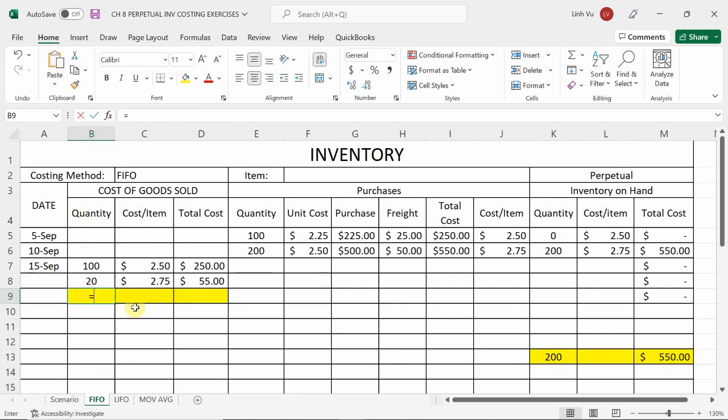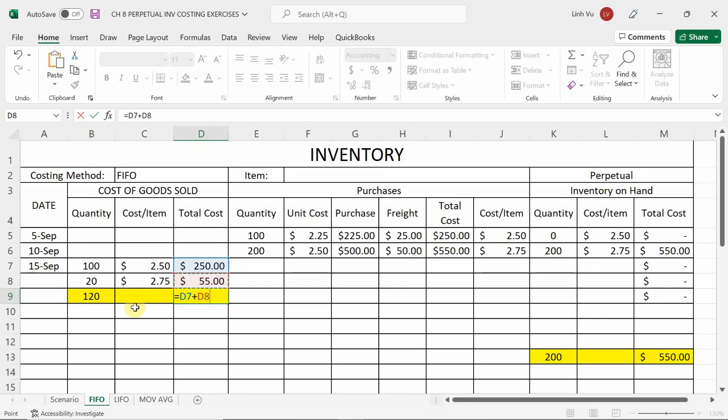I need to know what my grand total is for selling 120 units. As we talked about, when you journalize, you're not going to journalize a separate entry for your first batch of inventory and a second entry for your second batch, because they all go to the same account. You're going to do a cost of goods sold and inventory entry.